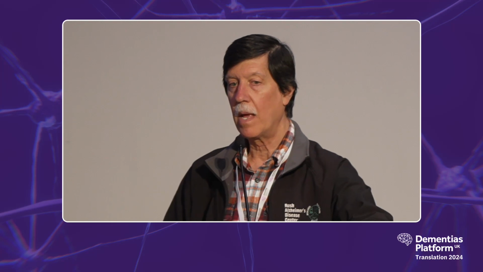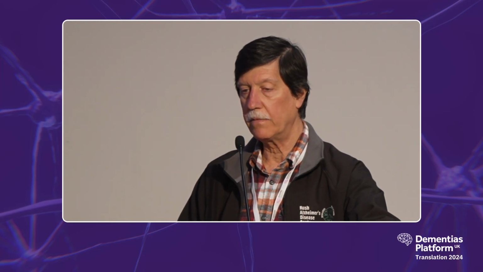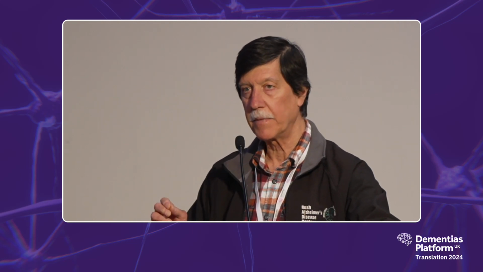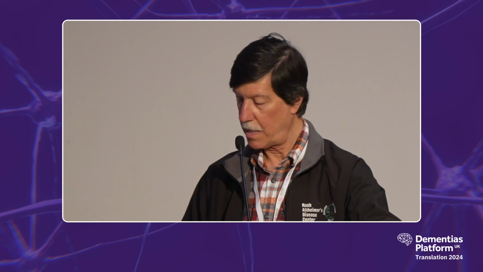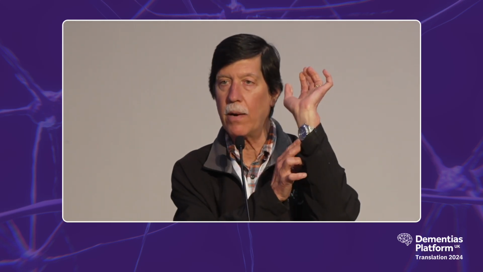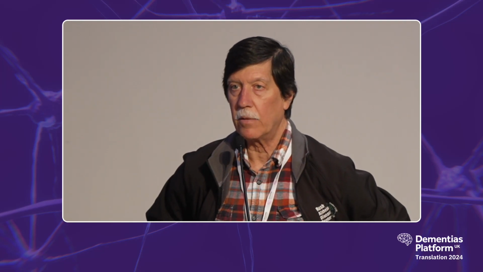So our devices range from a device called Dynaport, which is a triaxial accelerometer and 3 gyroscopes. It's bigger than my watch, and you put it in the small of the back in a little pouch.